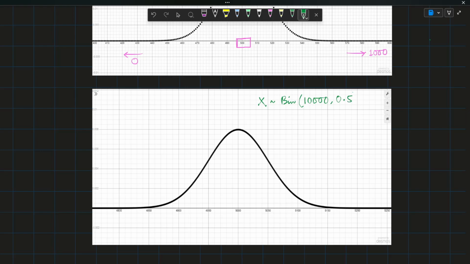Now the number of points is increased to 10,000. Okay, so now the graph almost looks like a continuous graph because the possible points x can take is very large now, and the graph is naturally taking a very particular shape. This kind of curve, as I have said earlier, is called a bell curve.